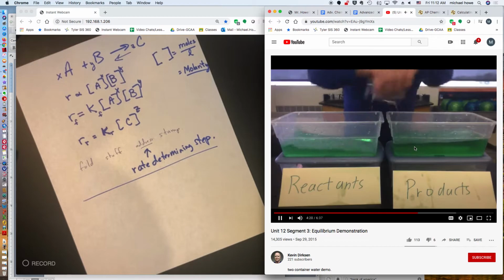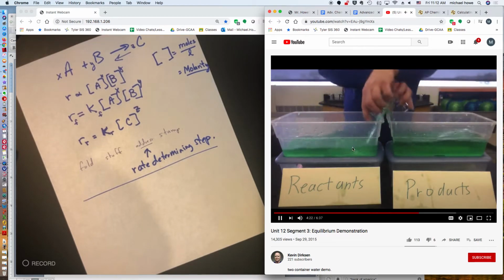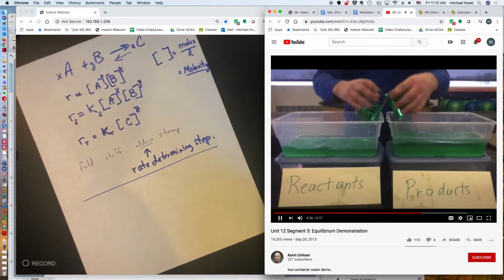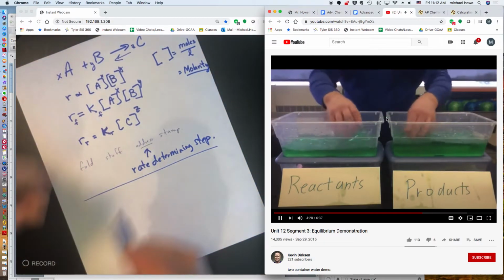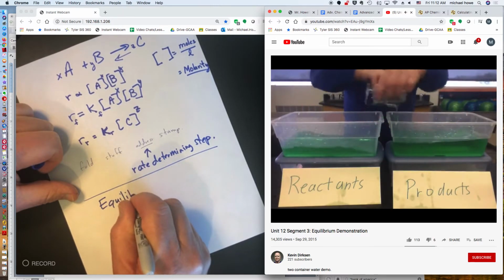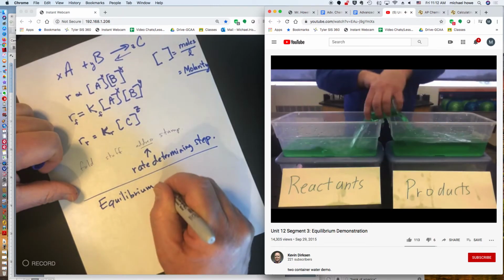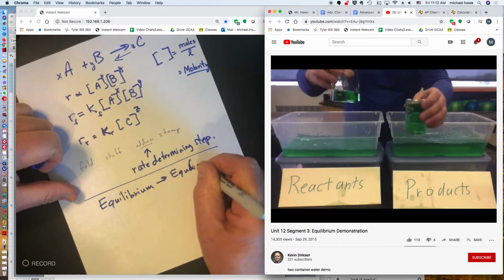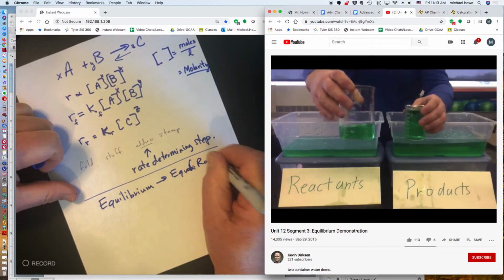This one has more stuff in the container, but the rate of exchange is the same. So equilibrium means equal rates.